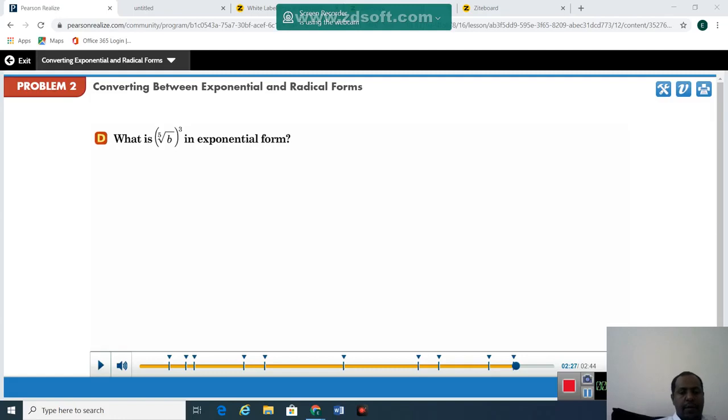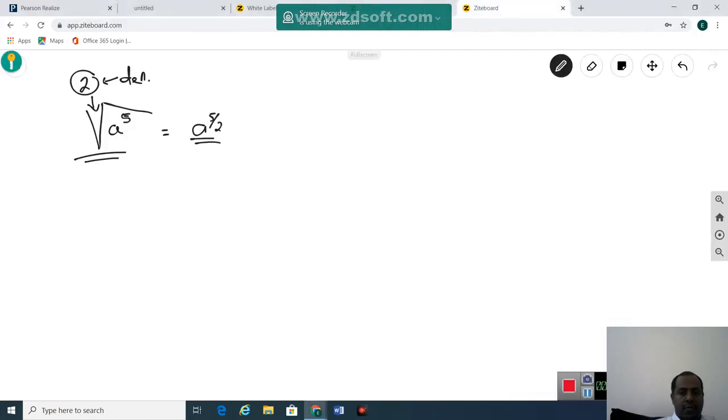And the last problem is, what is the fifth root of b to the power of 3? The fifth root of b to the power of 3. And again, we will apply our key concept.